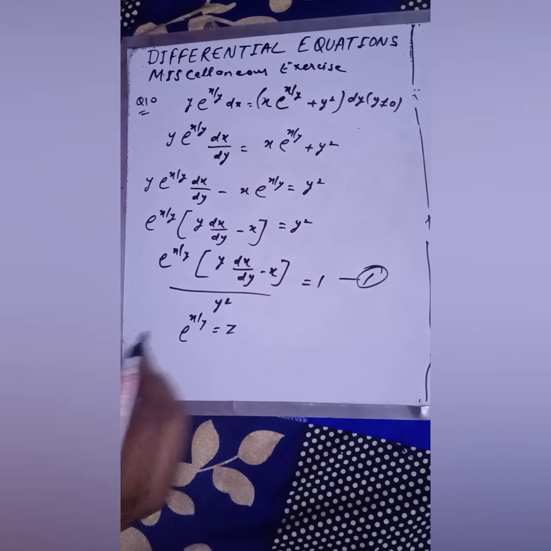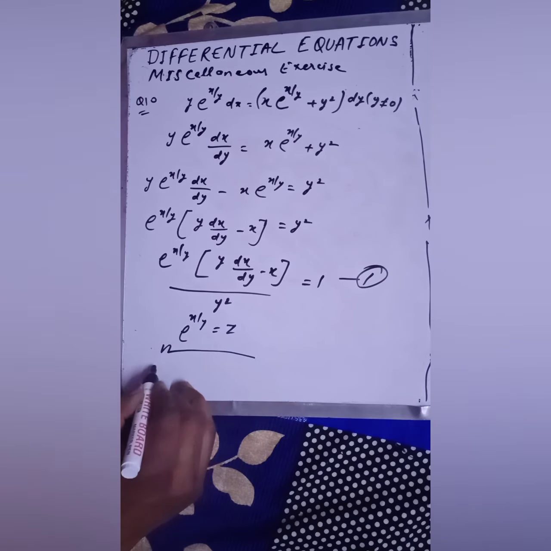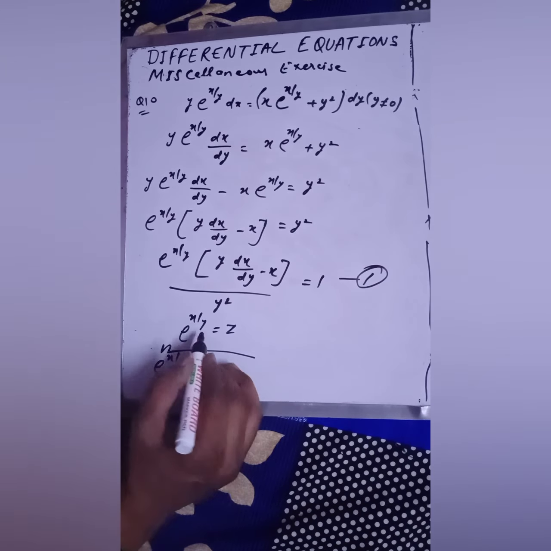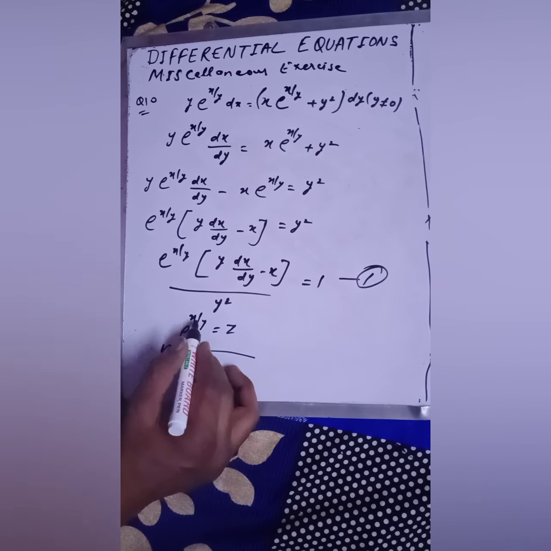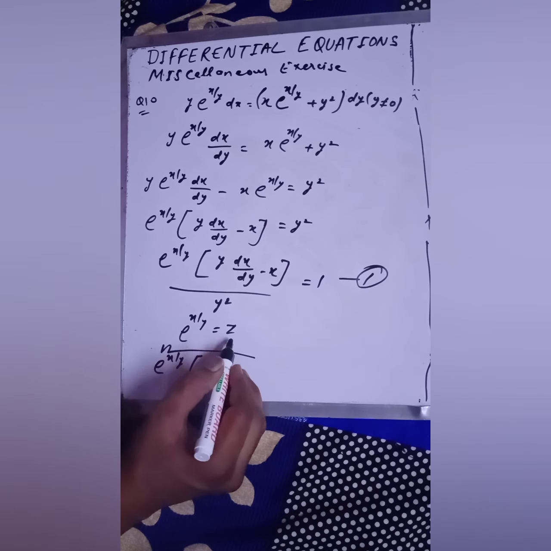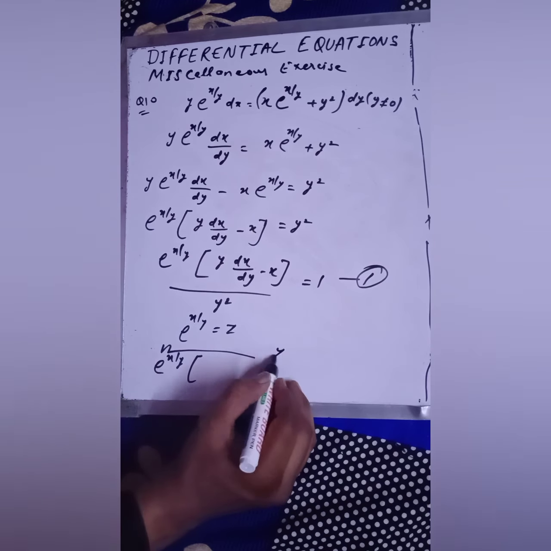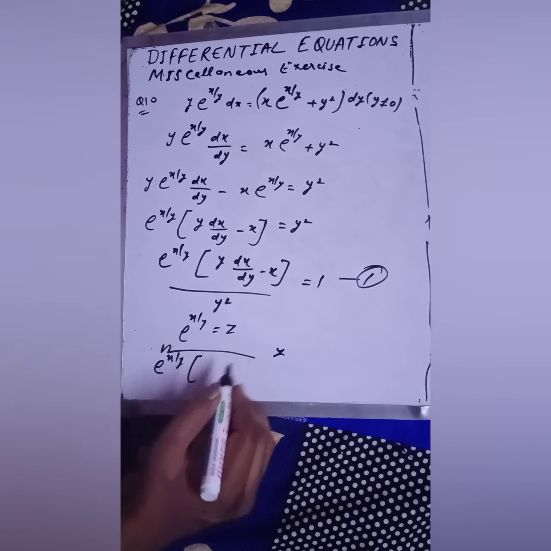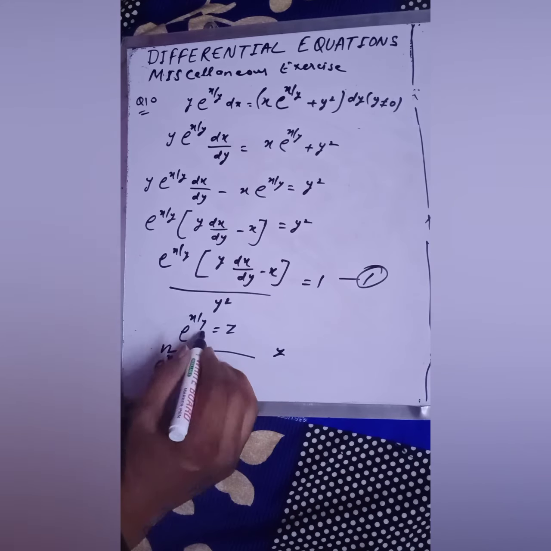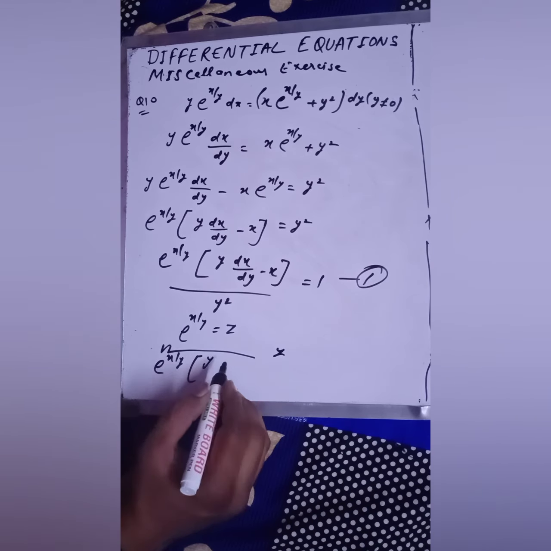If we differentiate both sides, it will be e raised to power x by y only. Now in x by y I have to apply division rule, because right now I am differentiating this with respect to y, differentiating both sides with respect to y. Here I am differentiating with respect to y only. So in x by y you have to apply the quotient rule, y will remain the same.